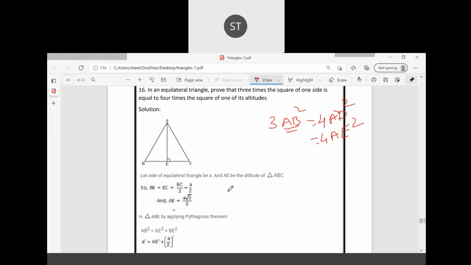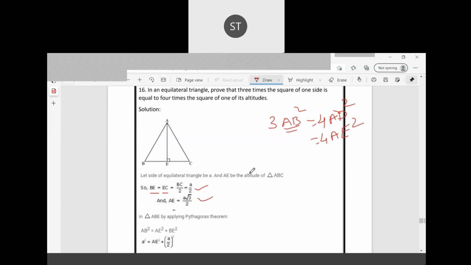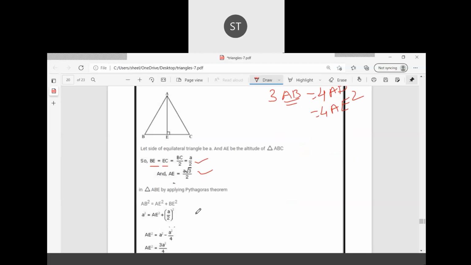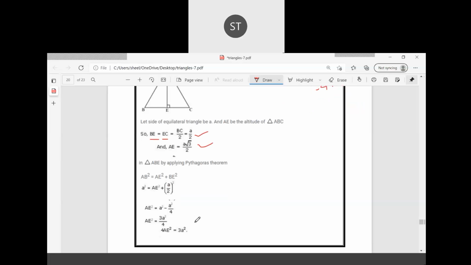Here also we should use the idea that all the three sides are A only. Now the median property, BE and EC we are using as A by 2. Altitude we are using root 3 by 2 A. Now in triangle ABE, what is the Pythagoras theorem? AB is the hypotenuse. So we substitute the values and calculate AE square equal to 3A square by 4.